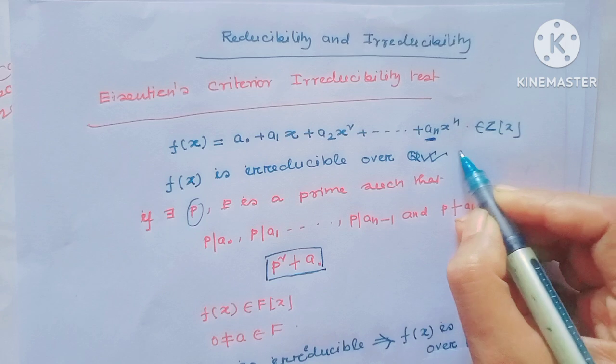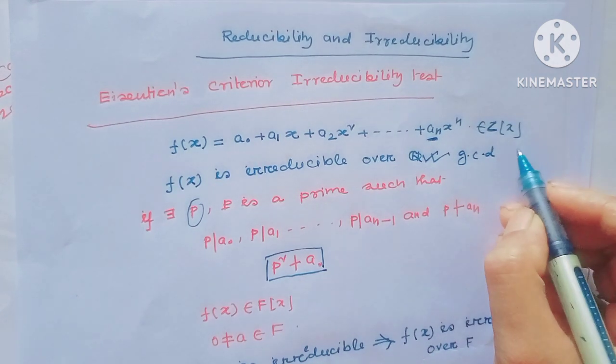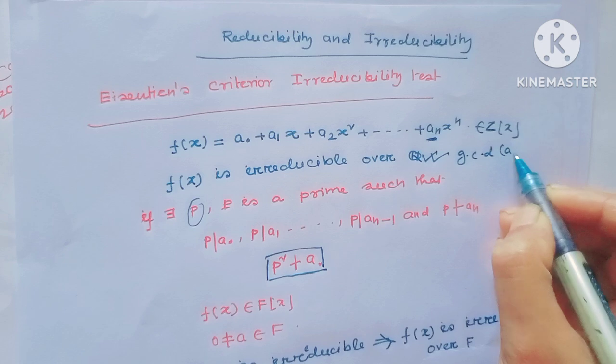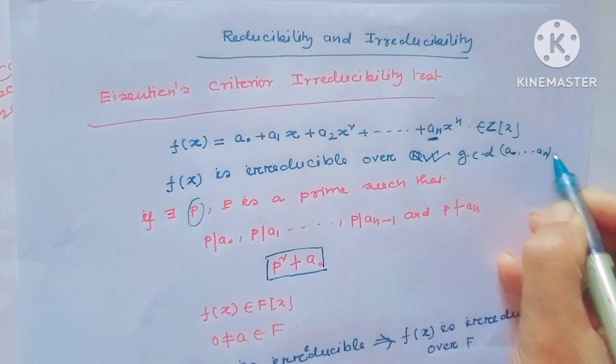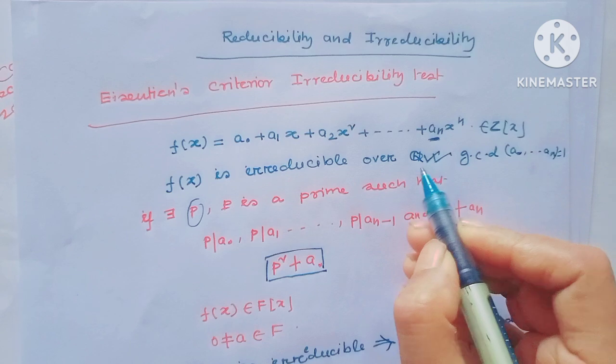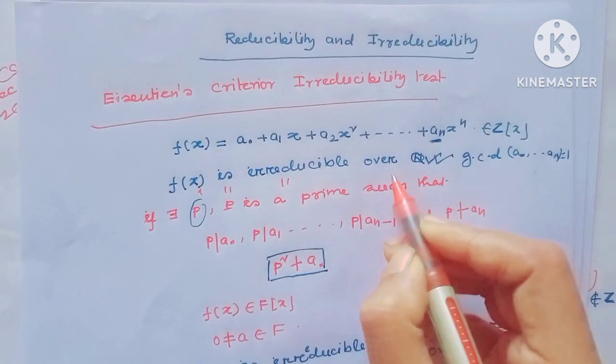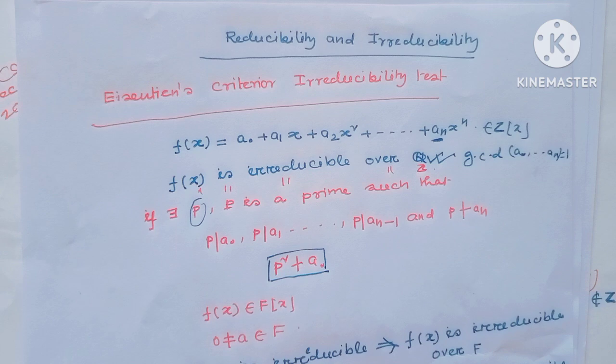And we all of us know, if the function is a monic polynomial, GCD of a0 up to an equal to 1, if the coefficient is 1, then f(x) is irreducible over Z also.